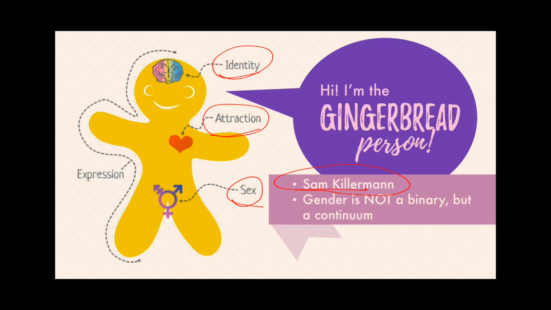And then we also have gender expression, which basically talks about the extent to which we are feminine, masculine, both, or neutral in the way we behave. So, yun siya. So, again, the four dimensions or constructs of the gingerbread person: biological sex, gender identity, sexual attraction, and gender expression. And we'll go through them one by one.